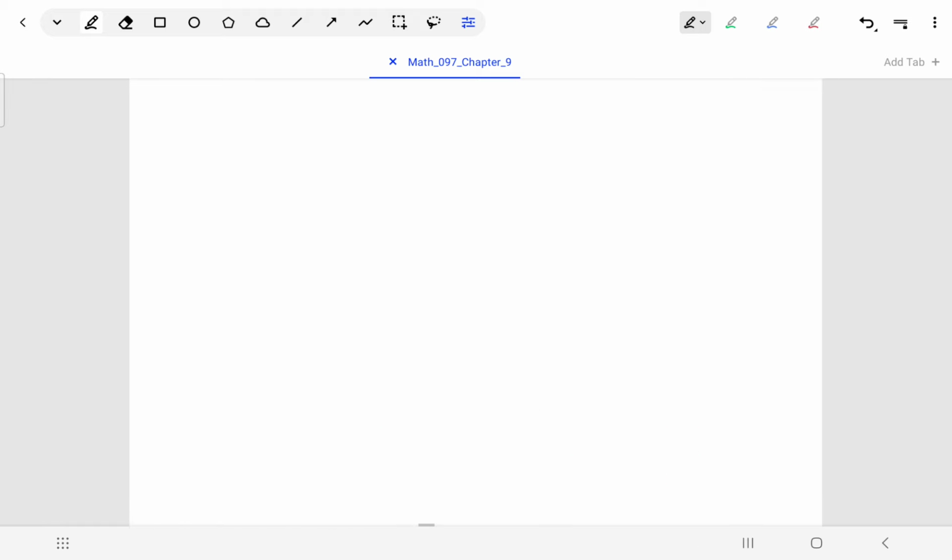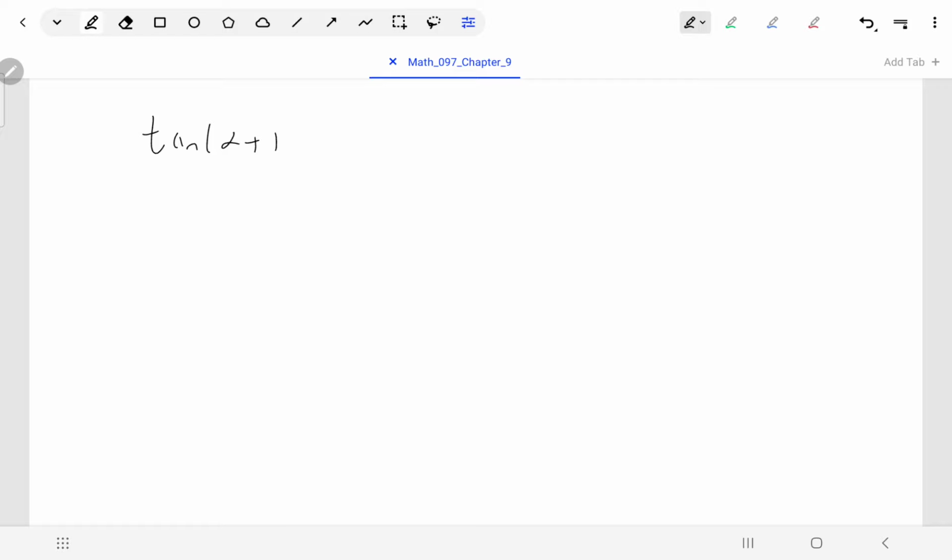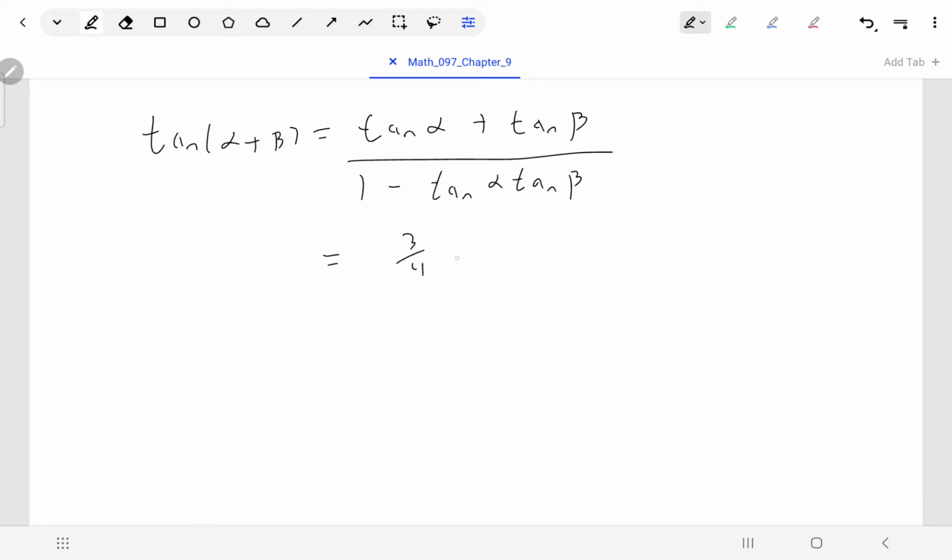But now that I've done that, I can find my answer for tangent of alpha plus beta pretty quickly, because the formula says that that should be tangent of alpha plus tangent of beta over 1 minus tangent of alpha times tangent of beta. And easy enough to now evaluate that. So we just put in our 3/4 for tangent of alpha and our 5/12 for tangent of beta.